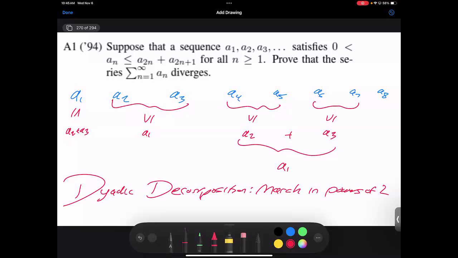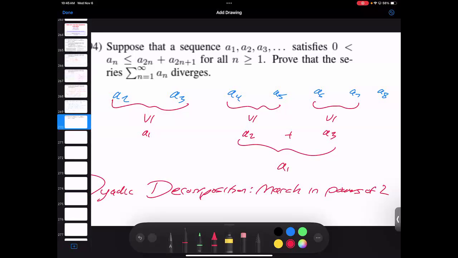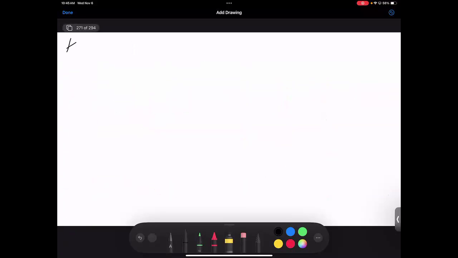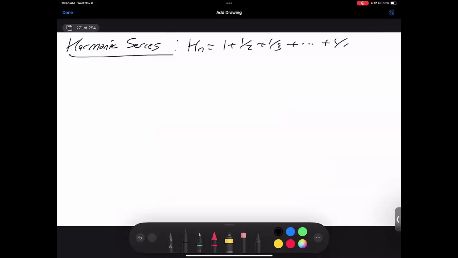So you might have actually seen this with the harmonic series. So Hn is 1 plus 1/2 plus 1/3 plus ... plus 1 over n. And the question is, what does this sum to?